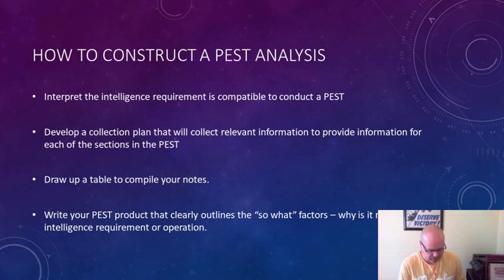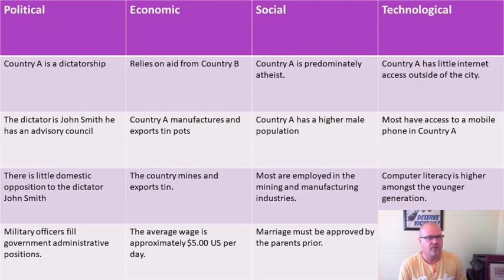Now, just to conclude, I'll show you an example of a PEST that I've just made up about a fictitious country called Country A. And you'll see here that this is where I would be compiling my notes and observations as I collect them. So as you see, I've got here that Country A is a dictatorship. That's a political point.